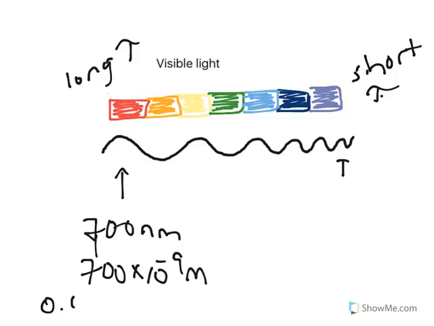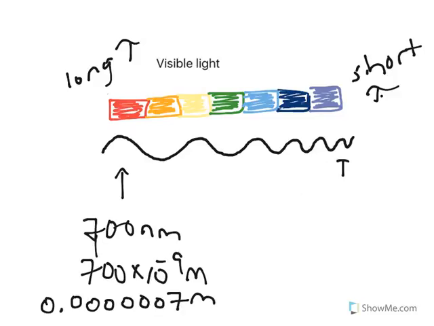That would be the same thing as 0.0000007 meters. As you can see, the red wavelength is really small, but in the visible light spectrum, that's actually a very large number.